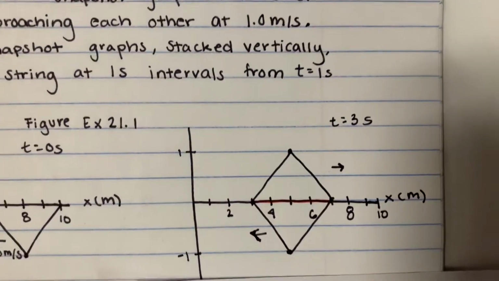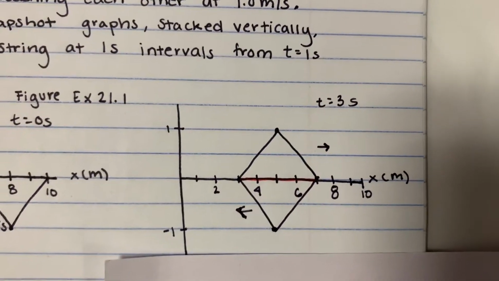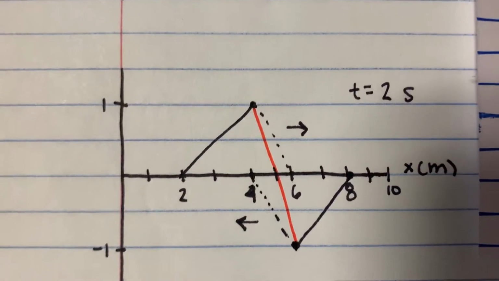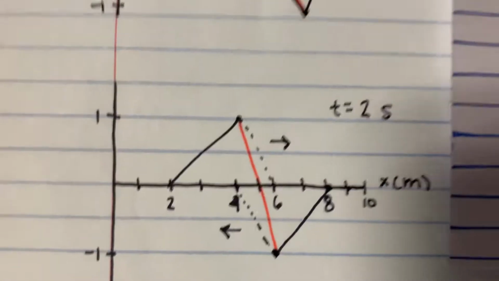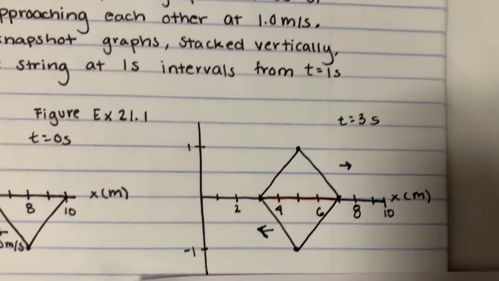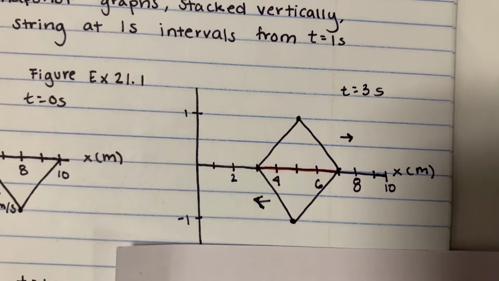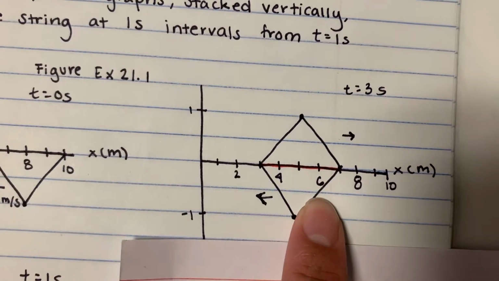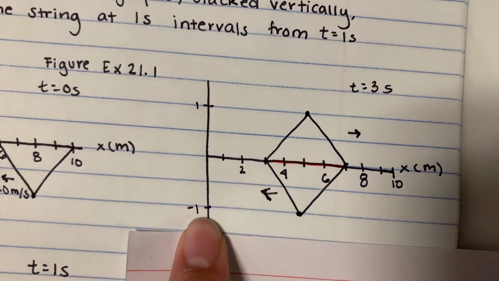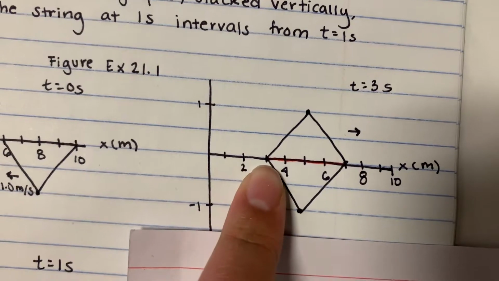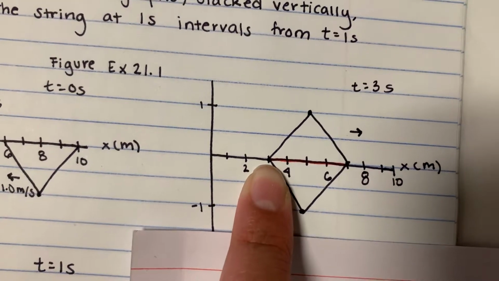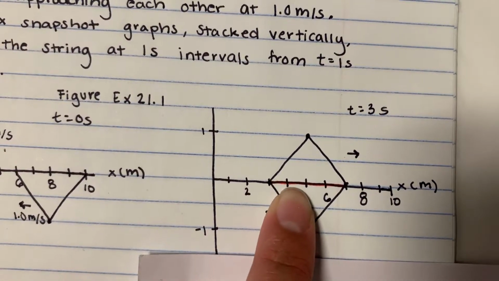Okay, and so then now we're going to move up to here at t equals 3 seconds. So again, if you look at this graph, it's going to move over 1 meter to the right and left. At t equals 3 seconds, it moved to the right 1 meter and to the left 1 meter. So now you see that you get a snapshot of the graph here.